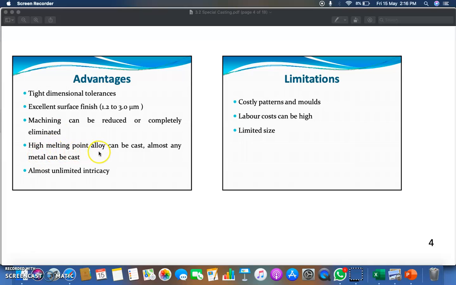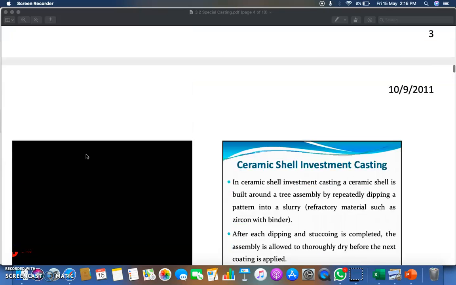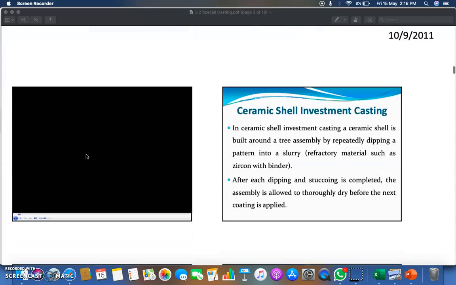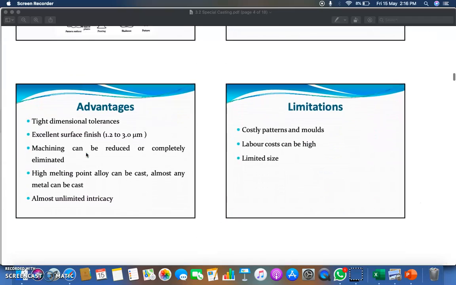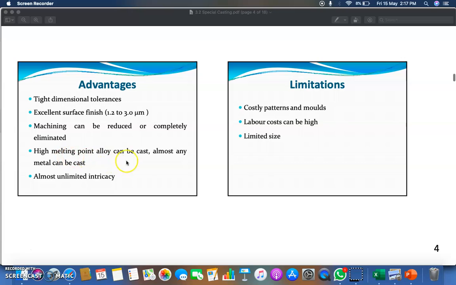High melting point alloys can be cast, almost any metal can be cast, whereas high melting point alloys cannot be cast in simple casting methods. There is almost unlimited intricacy, means any kind of complex shape can be produced.